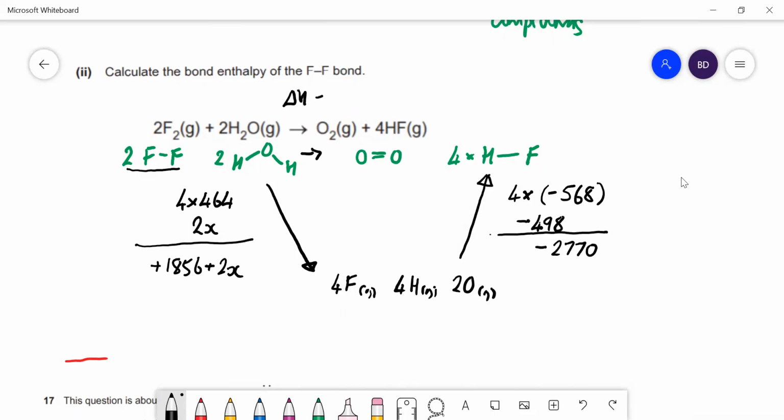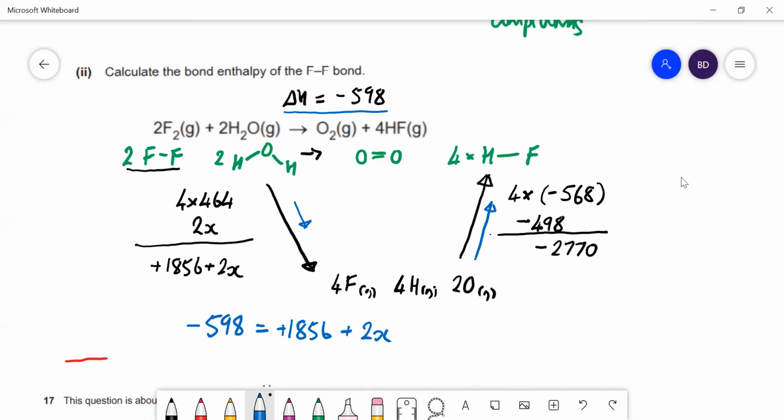Now they give us the enthalpy change of this reaction. Delta H for this reaction is equal to minus 598. So Hess's law tells us then we are going to do, so I'm going to say that delta H minus 598 is equal to, well, going down this arrow here, so that's 1856. I'll put a plus in there to remind me, plus 2x, and then we're going up there, that's going to be minus 2,700.